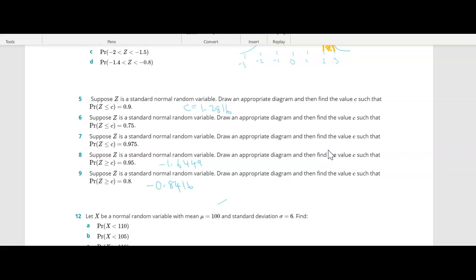All right, so if we were just drawing that normal distribution, same curve. Because it's standard, we've got 0, 1, 2, 3 again, and -1, -2, -3, and 0.8416 is not quite before 0.1, so we're here.